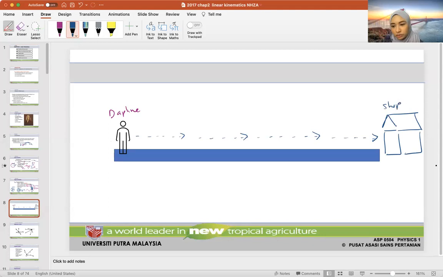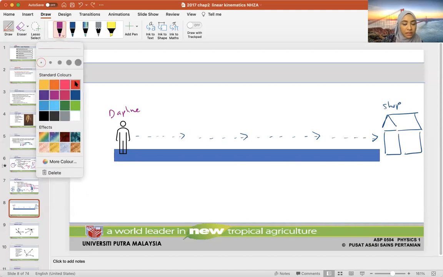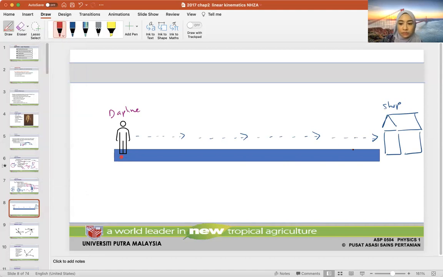So Daphne is walking to the shop, and from here, let me use a different color. Let's use red. From here to here, which is the destination, this is known as the reference point. Okay, because this is where Daphne started. So the reference point is also the initial point lah.